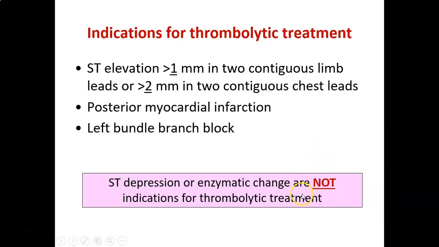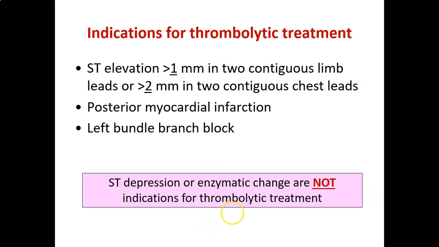So ST segment elevation is extremely important in your clinical practice. When the ST segment is elevated more than 1 mm in anatomically related limb leads or 2 or more mm in the anatomically related chest leads, this is your indication for thrombolytic therapy, as well as the posterior wall myocardial infarction and left bundle branch block, or presumably new onset left bundle branch block.